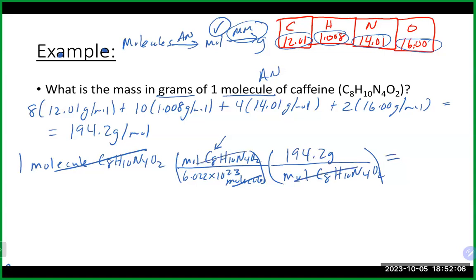So basically 194.2 divided by Avogadro's number, basically. Not too bad. And it looks like we will end up with 3.225 times 10 to the minus 22 grams of caffeine in this case.